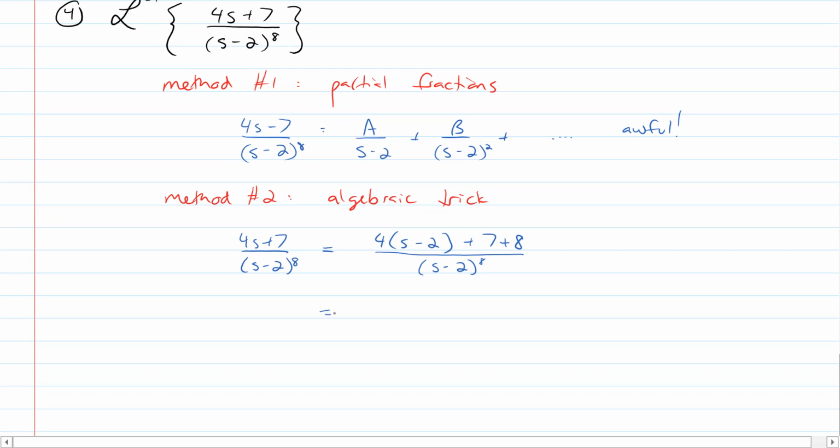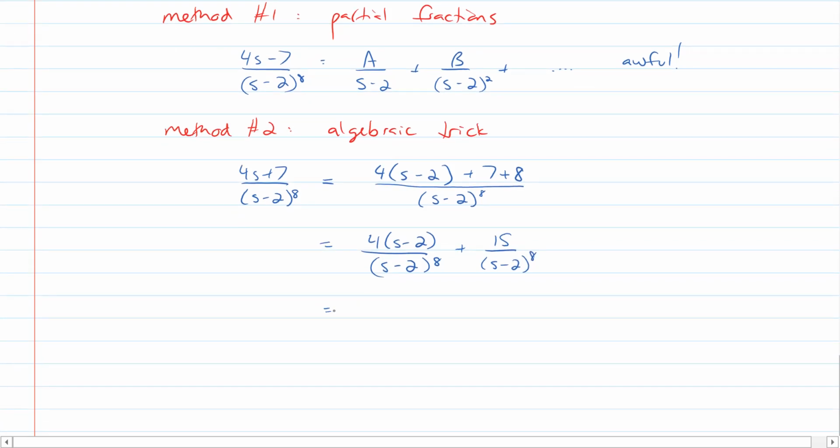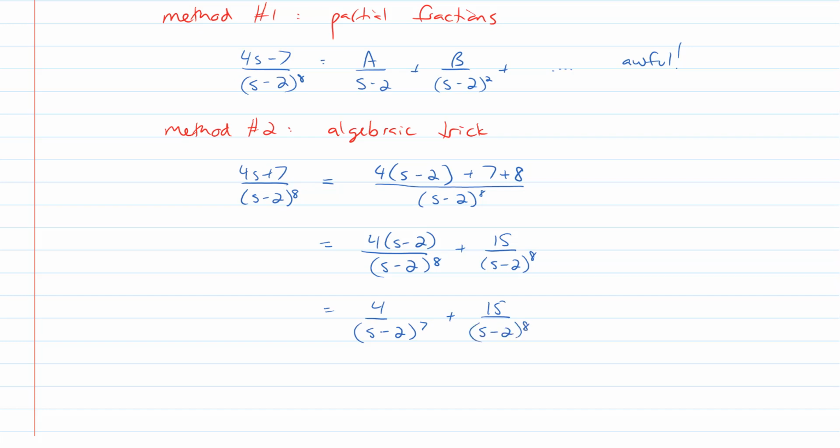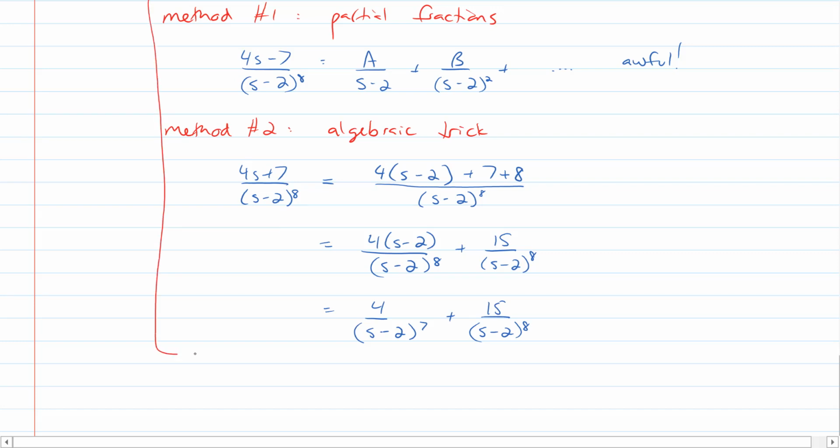Then we split this into two fractions. We're going to have 4 times (s - 2) divided by (s - 2) to the 8th, plus 15 over (s - 2) to the 8th. The first fraction simplifies to 4 over (s - 2) to the 7th, and then we have 15 over (s - 2) to the 8th, which is an awful lot better than the horrible partial fractions method.